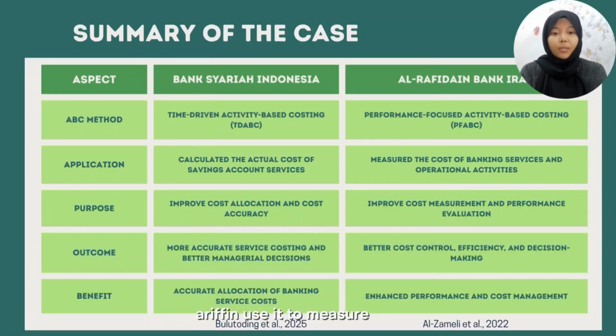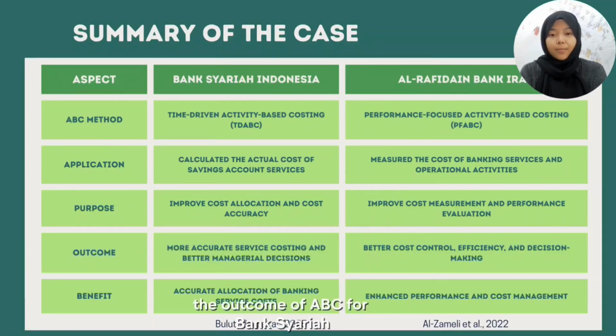Meanwhile, Arafidan used it to measure the cost of banking services and operational activities. The purpose of ABC for Bank Syariah Indonesia is to improve the cost allocation and cost accuracy, while Arafidan is to improve cost measurement and performance evaluation.